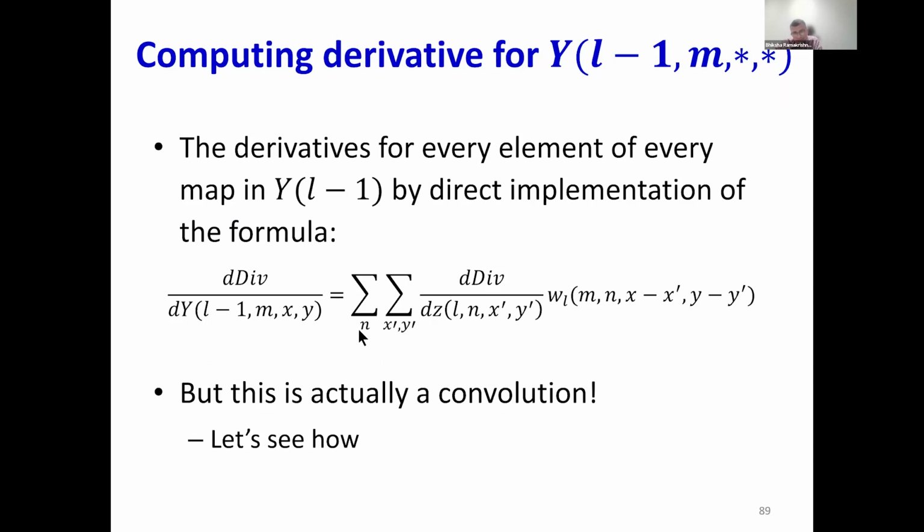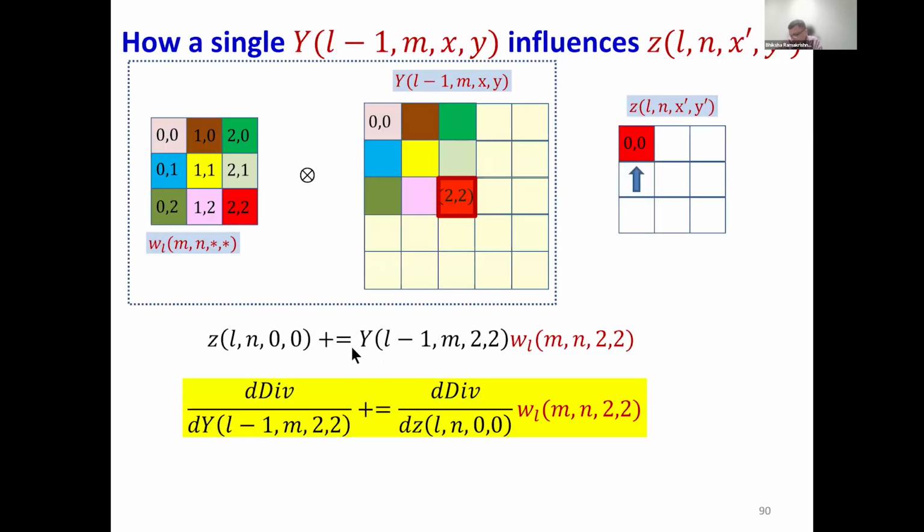Let's see. So let's go back to this picture, right? So y22 multiplied the red element of the filter to compute Z00. So for y22 alone, I am painting the 00 element of the output with the filter element that was used to compute it. Okay. So is this notation clear?